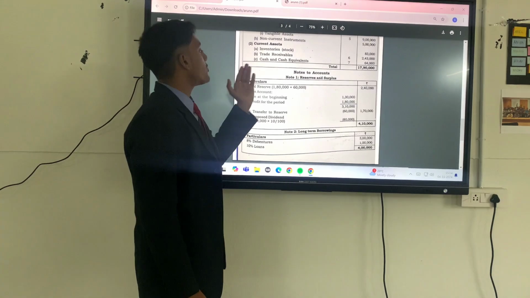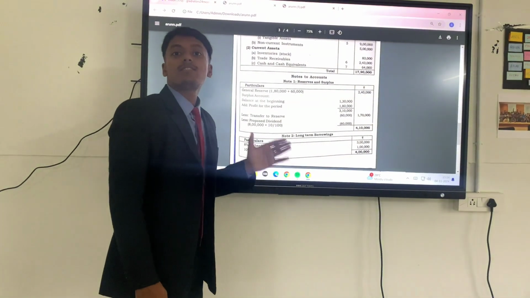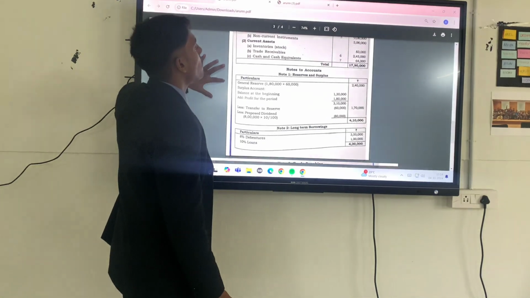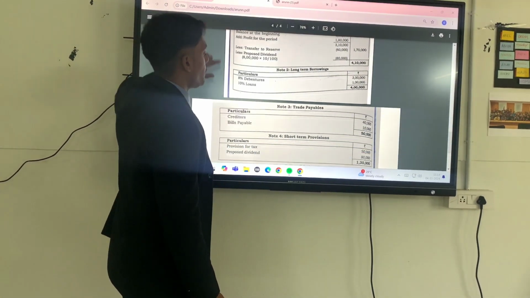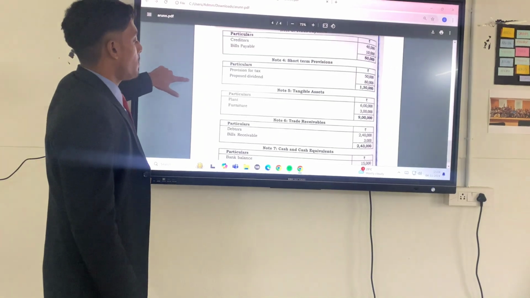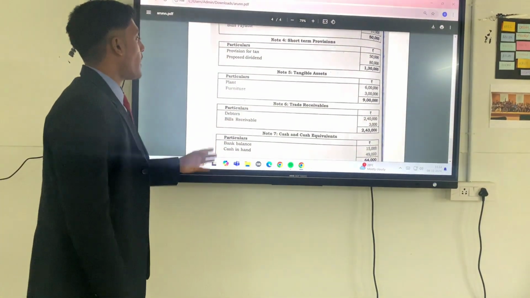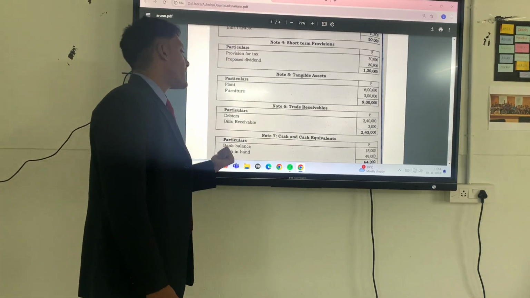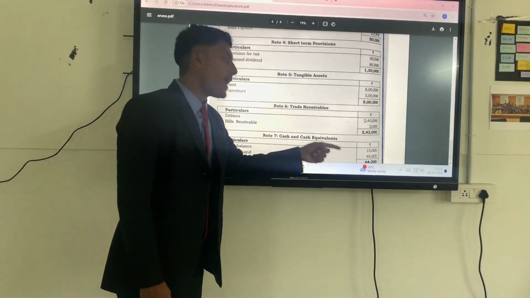Then cash and cash equivalents. It is 64,000. Okay, let's look at how it comes as 64,000. A bank balance of 15,000 is given in the question and cash in hand as 49,000.